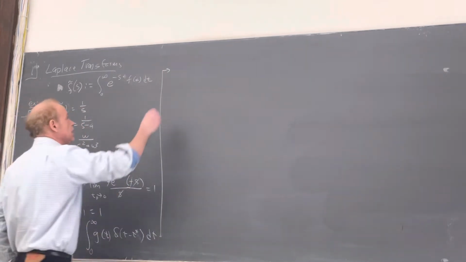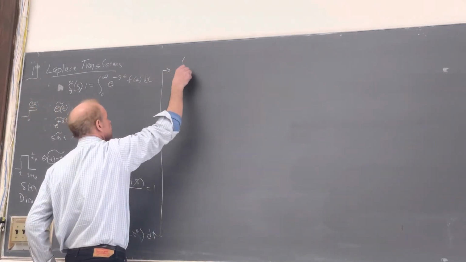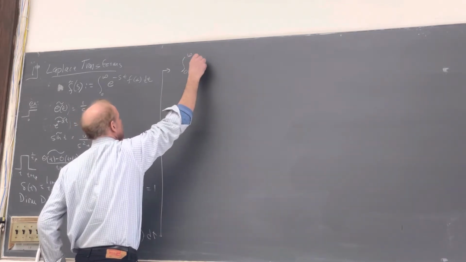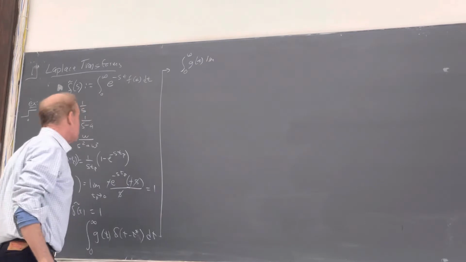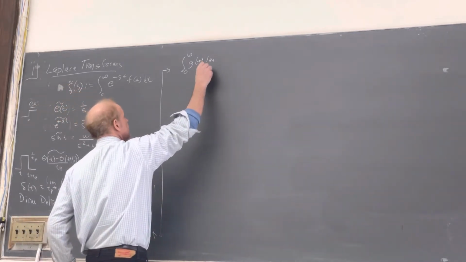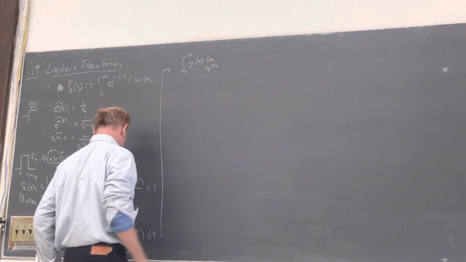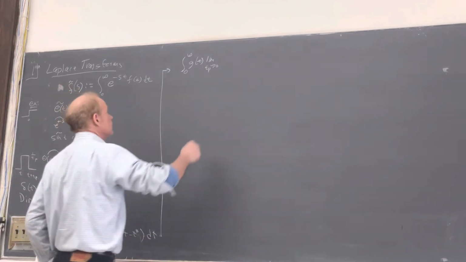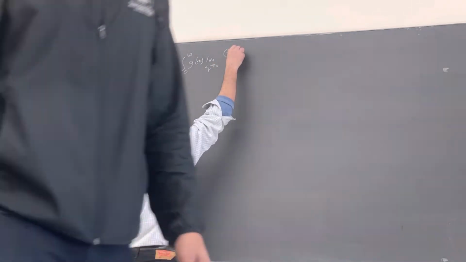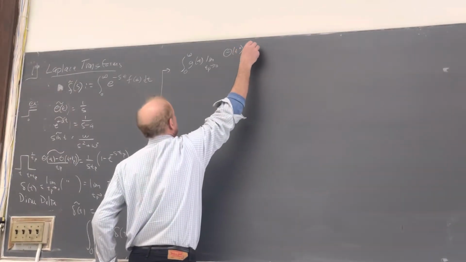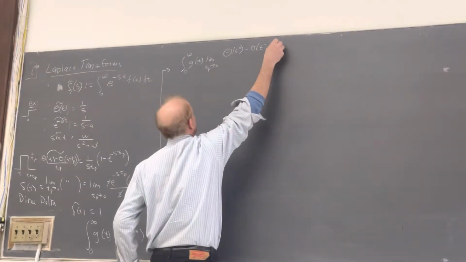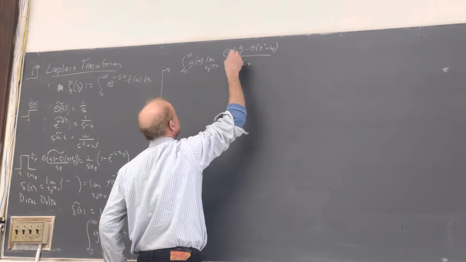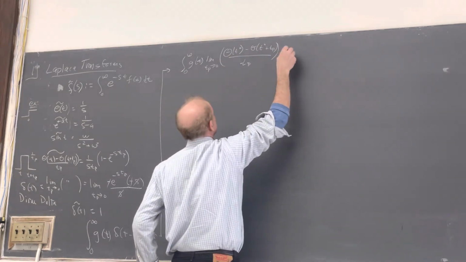That's equal to the integral from 0 to infinity of g of t, times the limit as Tp goes to 0 of theta of t star minus theta of t star plus Tp, divided by Tp, dt.